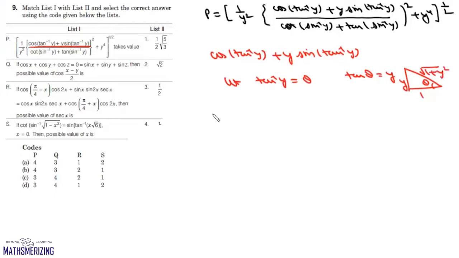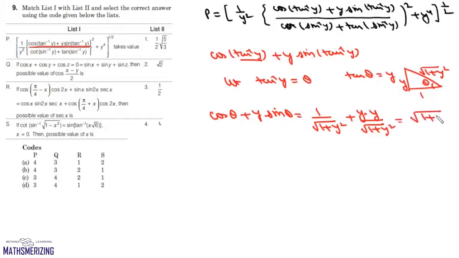So this expression simply becomes cos theta plus y sin theta. Now cos theta is 1 upon under root of 1 plus y square, and sin theta is y upon under root of 1 plus y square. So we can simply write this as under root of 1 plus y square.